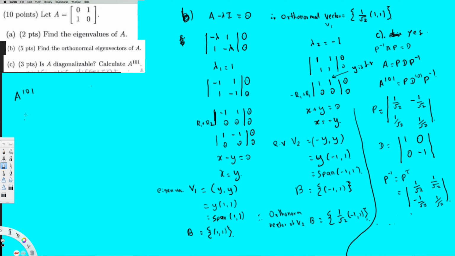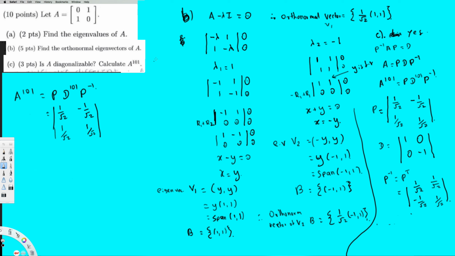So A to the power of 101 is basically P, D to the power of 101, P inverse. We know that P inverse is P transpose. So first let's put the P right here. It's going to be 1 over root 2, minus 1 over root 2, 1 over root 2, then 1 over root 2 right here.